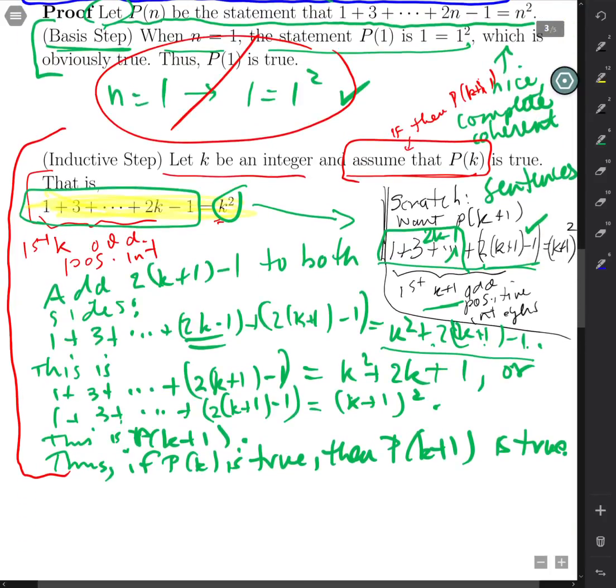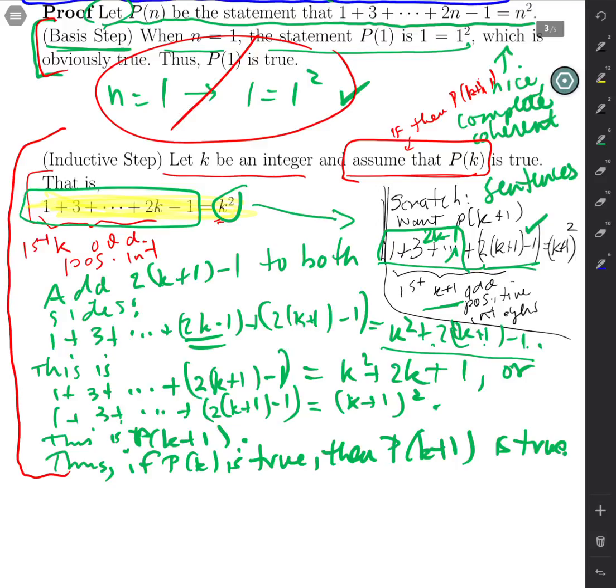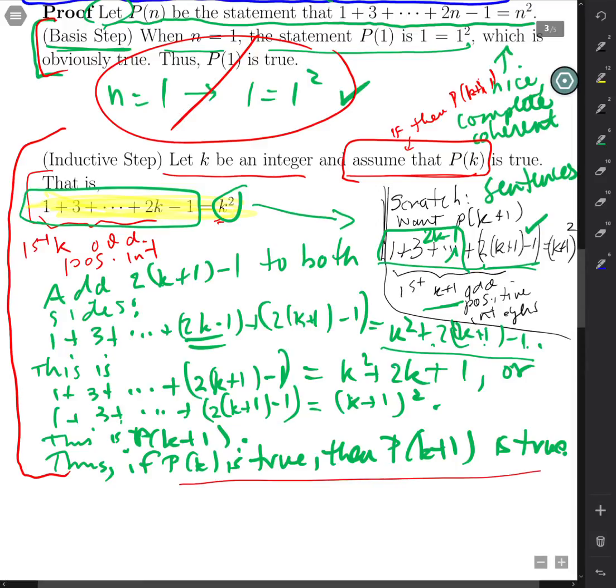Now there's one thing I want to do after we've done the basic step and the inductive step. Let's make an overall conclusion. I concluded inside that inductive step. Let's make an overall conclusion. I'll go back to the green. Therefore, 1 + 3 + ... + (2n minus 1), the original statement, equals n squared.